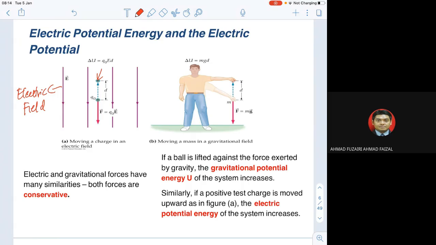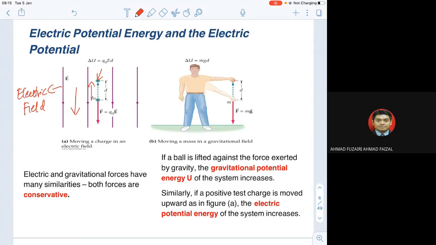If the direction of the electric field is going downwards, we know that the force on the positive charge will follow the electric field, but we want to make it go against it. So we want to bring the positive charge up, like the green dotted line, against the electric field.